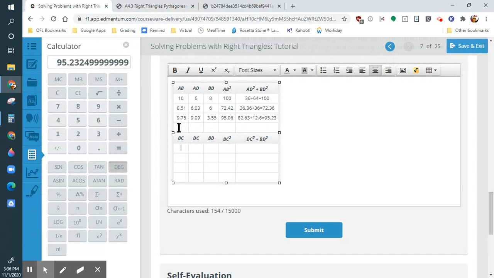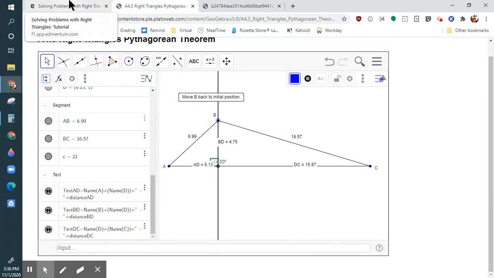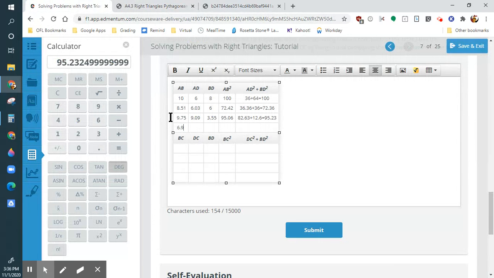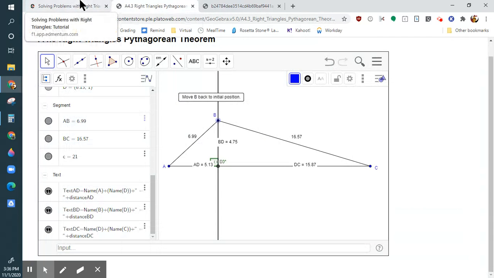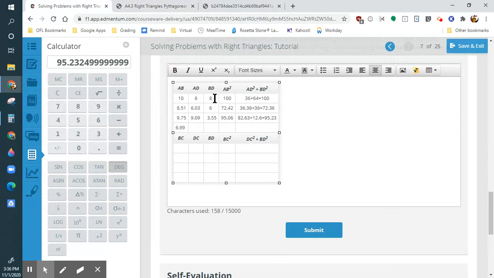So AB is 6.99, and then BD is 4.75. AD is 5.13.